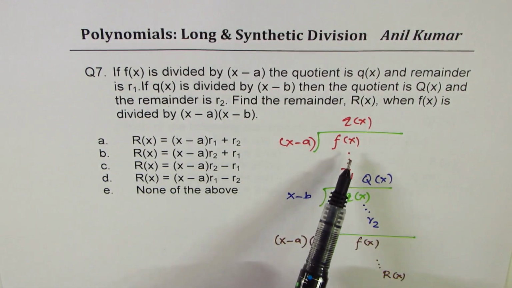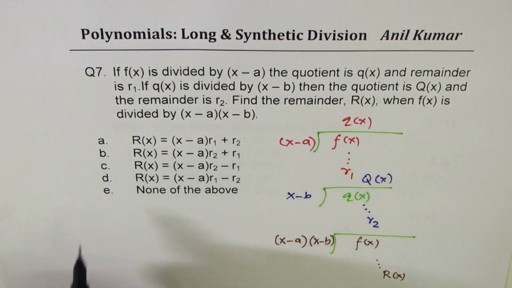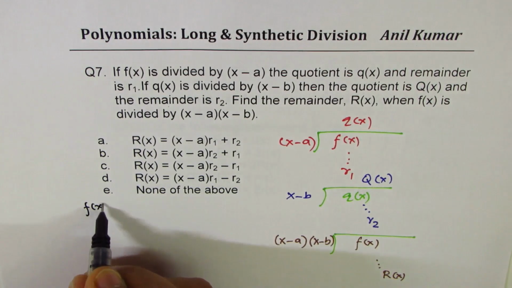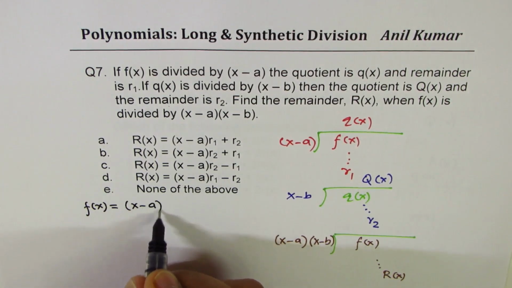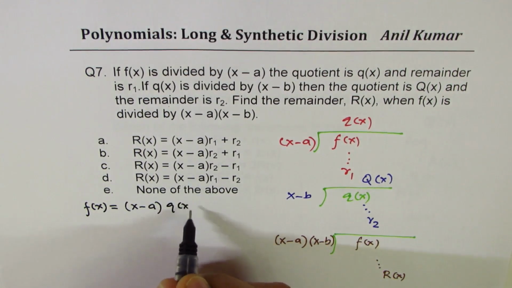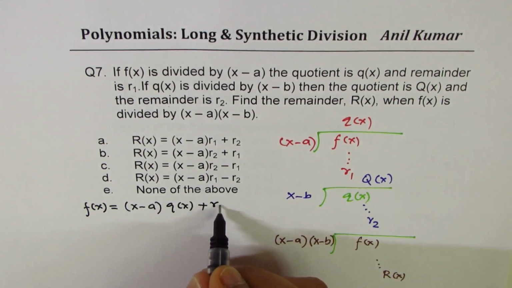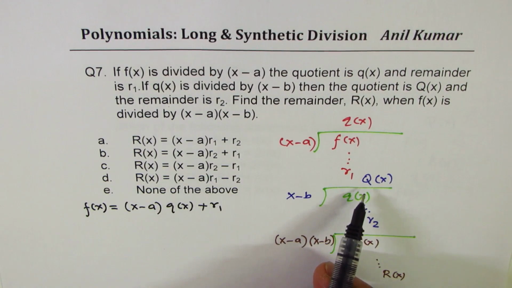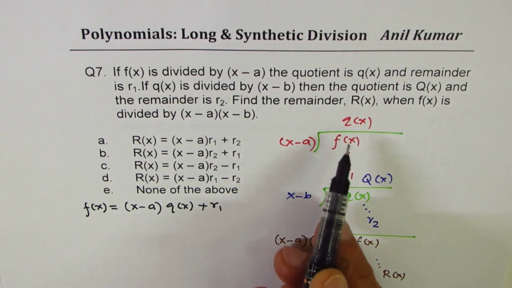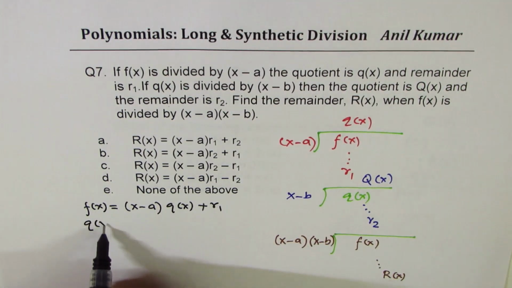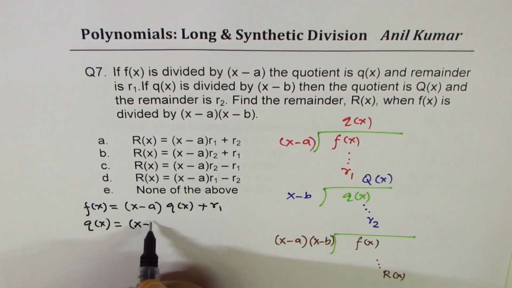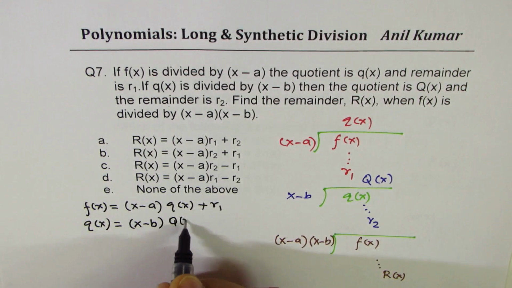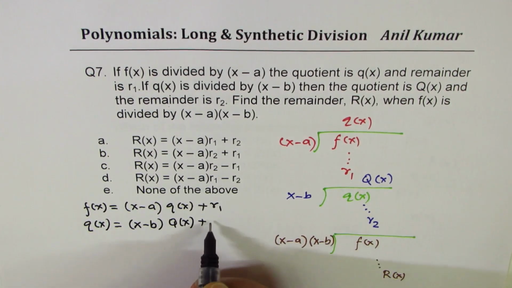Now let's write the division statement for each. So first one, we can say f of x is equal to x minus a times q of x plus the remainder r1, right? Now what are you doing? You're trying to divide the quotient, so we can say Q of x is equal to this times that, which is x minus b times capital Q of x plus the remainder r2.